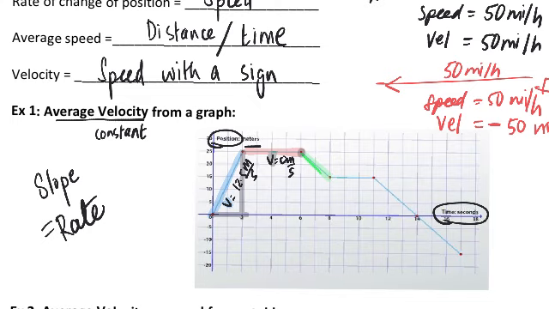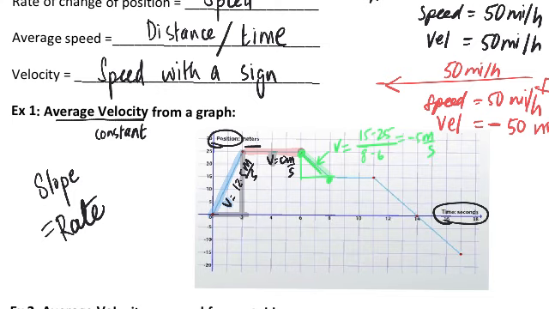It's moving back and forth. When the slope is negative, the velocity is negative. So the velocity here is going to be negative, and the rise over the run is 15 minus 25, that's y2 minus y1, divided by x2 minus x1. So we're going to get negative 10 divided by 2, or negative 5 meters per second.